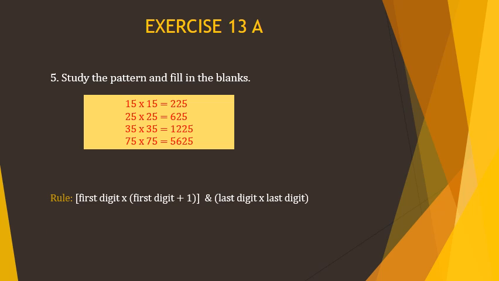Okay, so let's see, 55 multiplied by 55. So how will we do this sum? Well, what is the first digit of 55? It is 5. So 5 multiplied by 5 plus 1, that is 5 multiplied by 6. Okay, and what is the second digit of the number? It is 5. So 5 multiplied by 5.